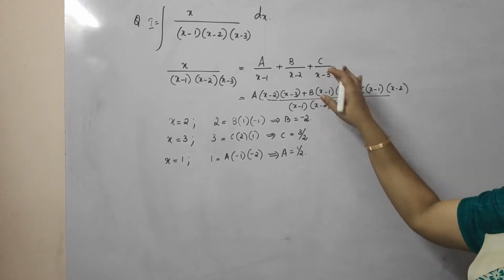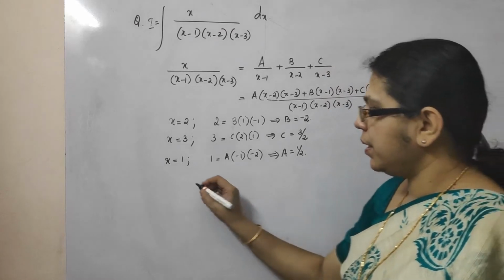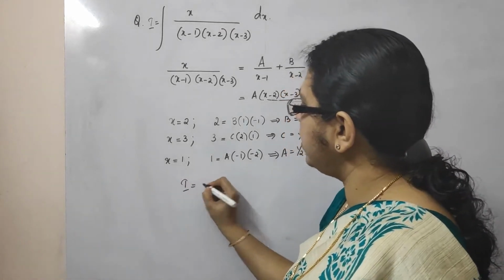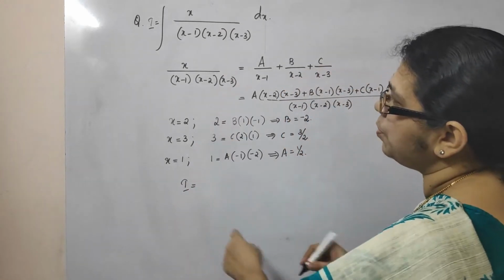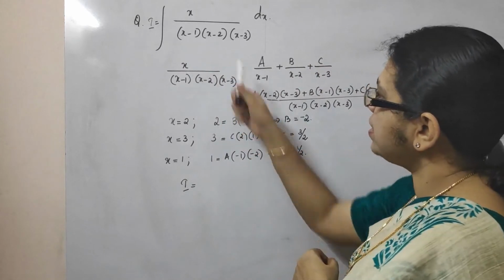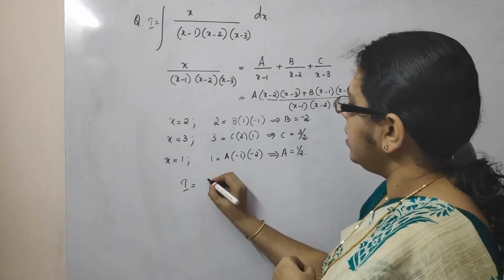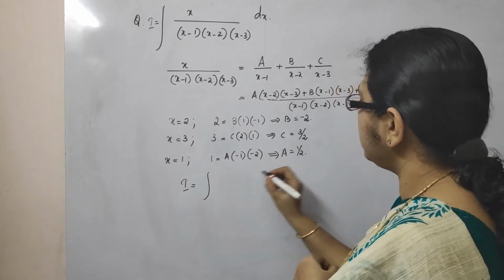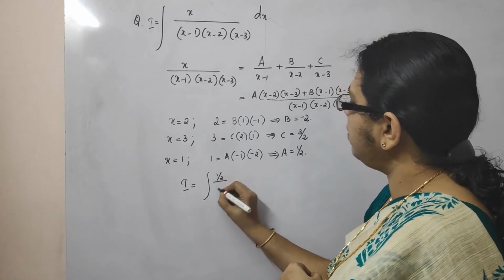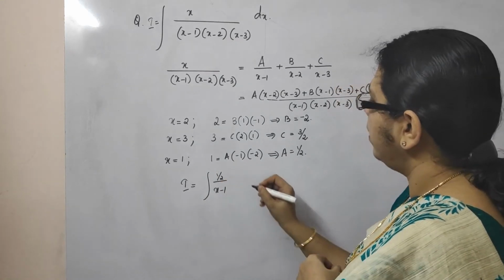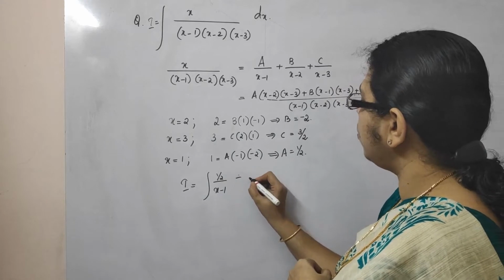Now, I am just substituting it back into the integral. So, what do I get? I is equal to, what is I? That expression here. Okay. I is same as this one. So, I is equal to integral of, what is a? 1 by 2 times x minus 1. Right? Plus, b is what?